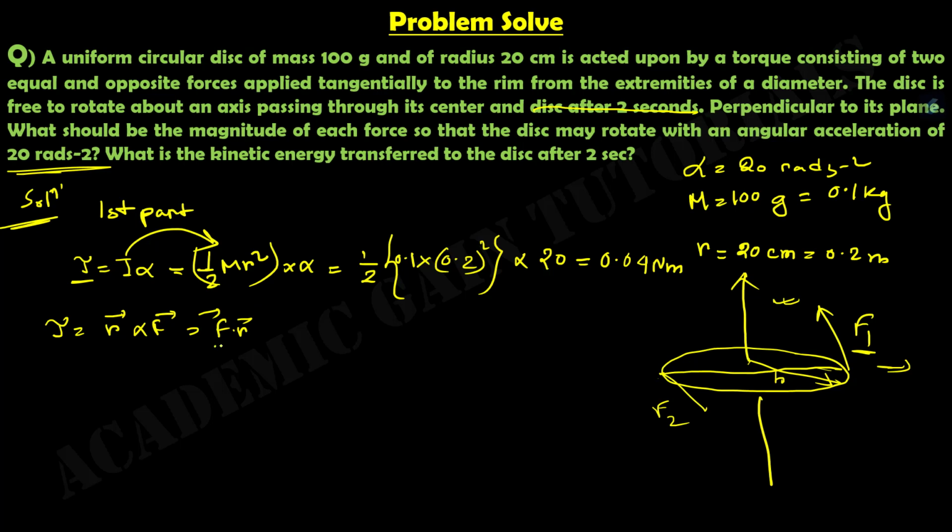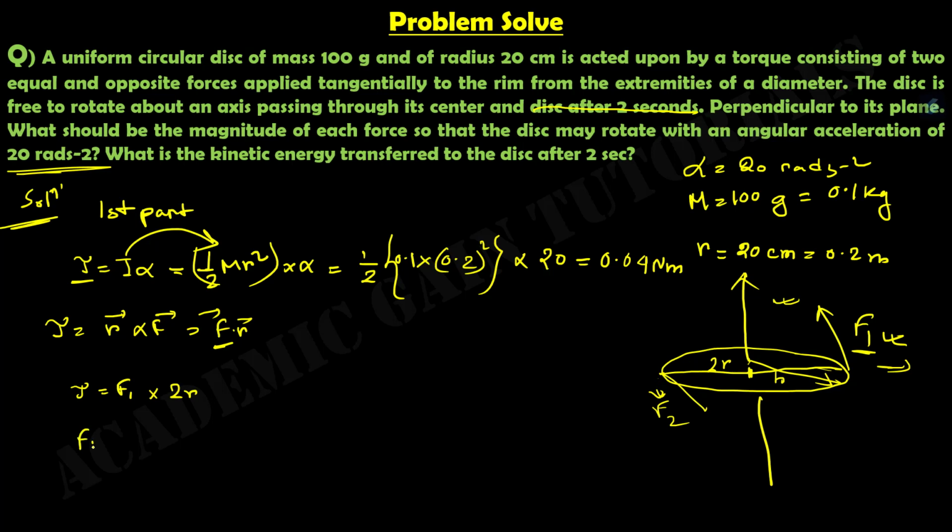So I have to find this F. There are two forces, F1 and F2, and they have a distance equal to the diameter, which equals twice r. So instead of r, the radius vector, I will write twice r, because they are twice r apart from each other.